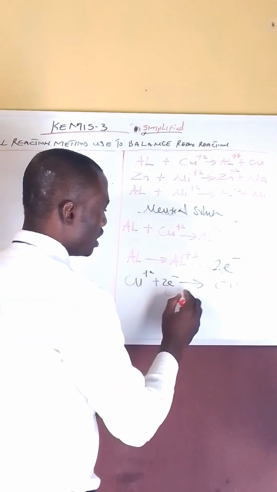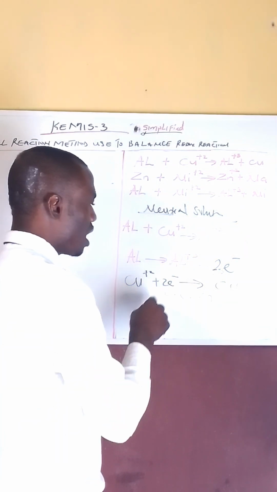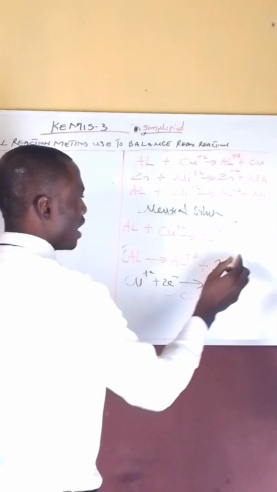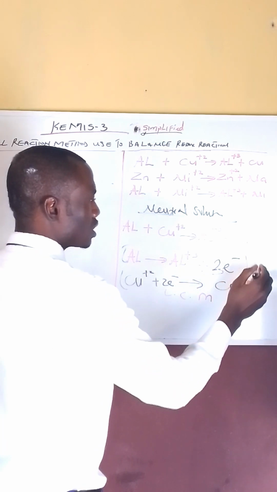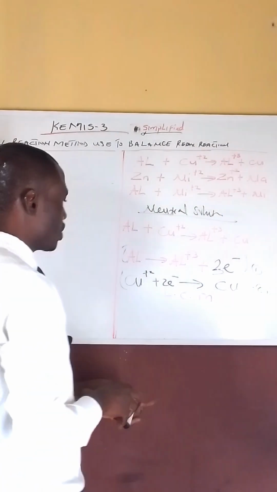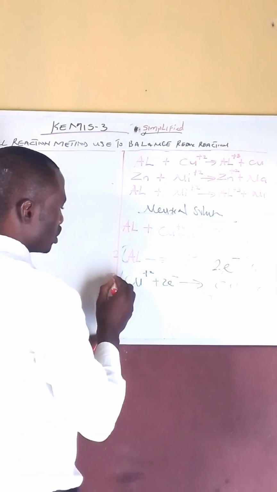And how do we eliminate them? We'll find the LCM between 3 and 2, which is simply gotten by multiplying them. Let's call this equation 1. Let's call this equation 2. If you multiply out, you'll find that it is 6. Now what I'm going to do is multiply here by 2, multiply here by 3.